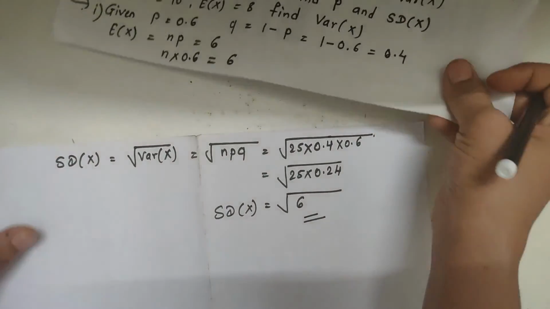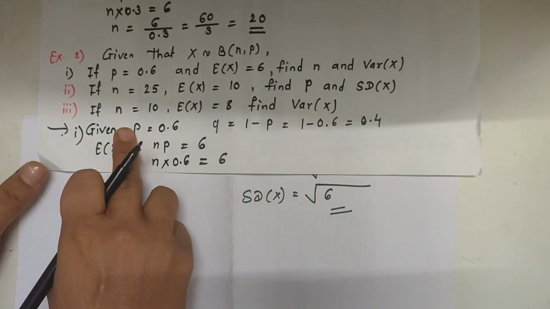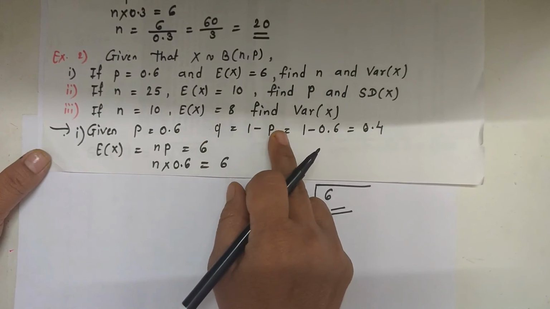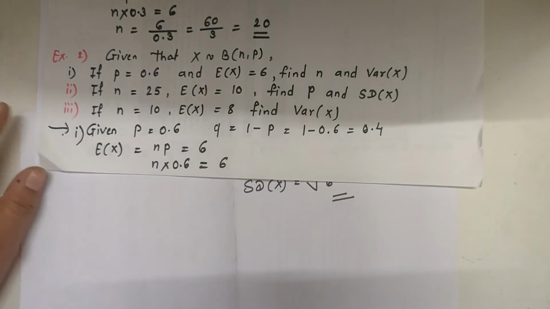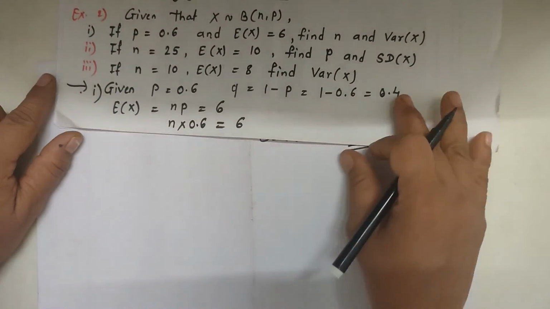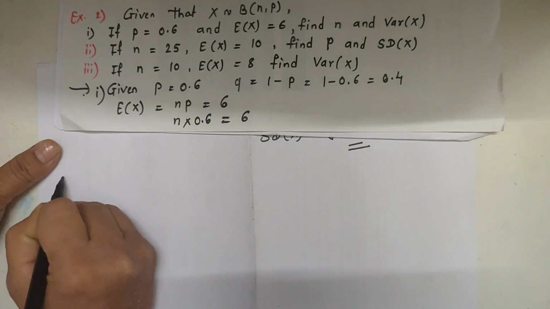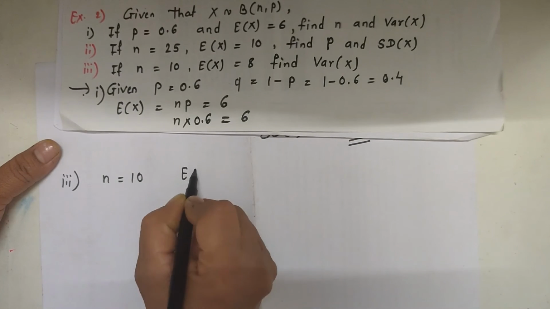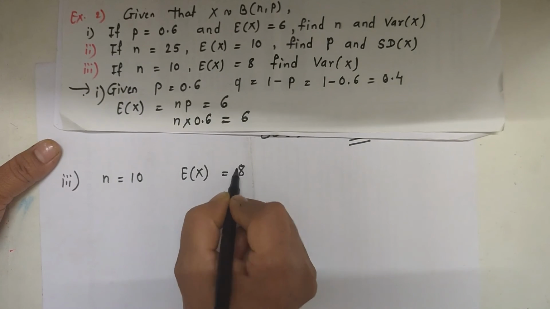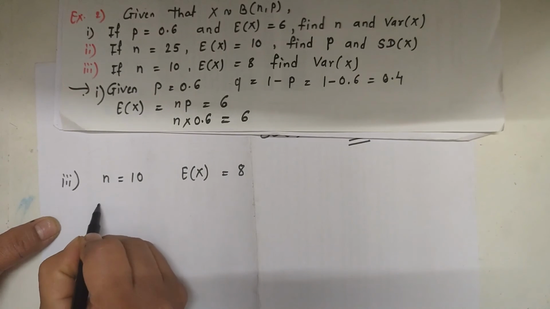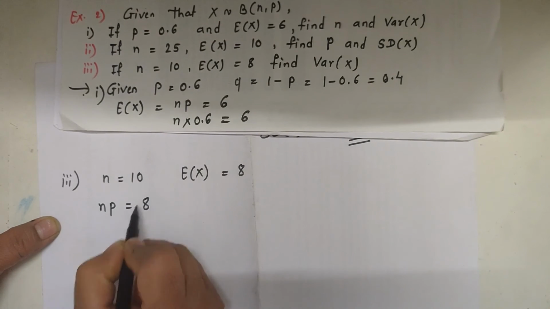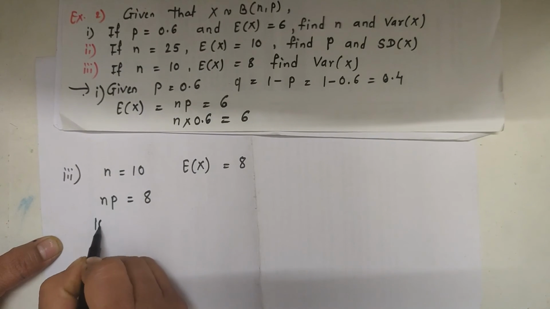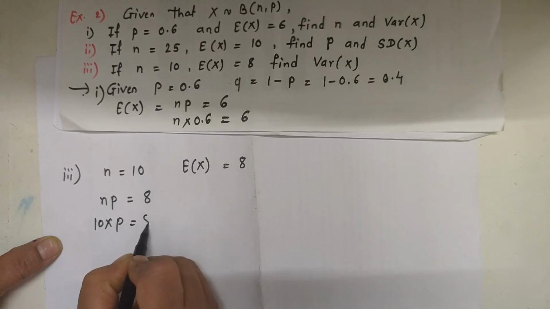Now the third question is, n is equal to 10, E of x is equal to 8 and find the variance of x. So again n is equal to 10, E of x is equal to 8. E of x is given, that is the value of np is given, np is equal to 8. Putting the value of n, 10 into p is equal to 8.